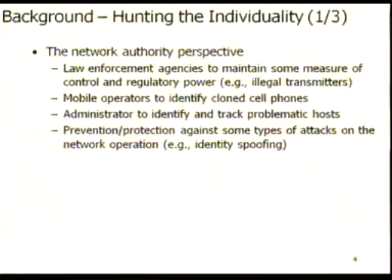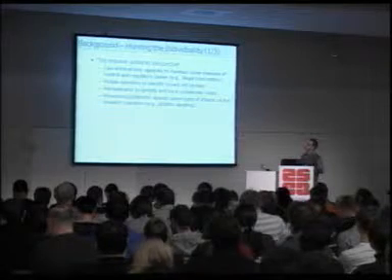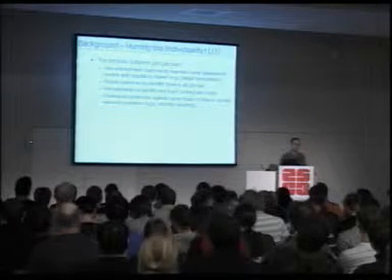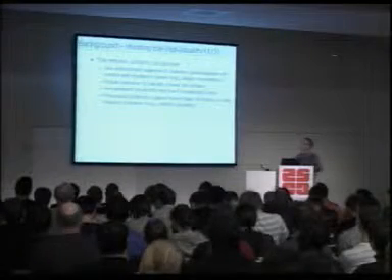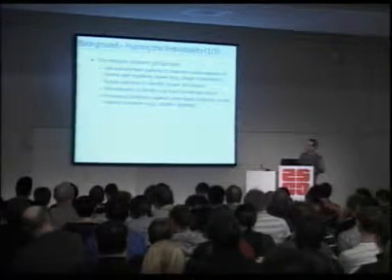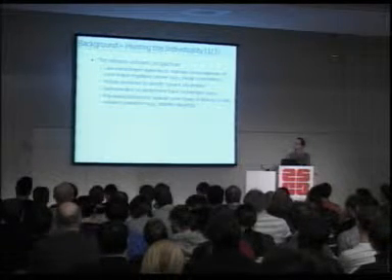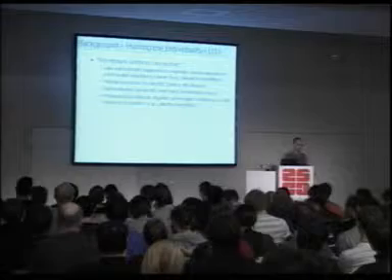We have to be aware of something very important in device biometrics: it presents two very different perspectives. The first perspective is the network authority. This can be used by any type of government or network authority to do law enforcement. For example, law enforcement agencies in Europe are trying to identify illegal transmitters and put people in prison. Mobile operators have a different goal. They would like to identify cloned cell phones.